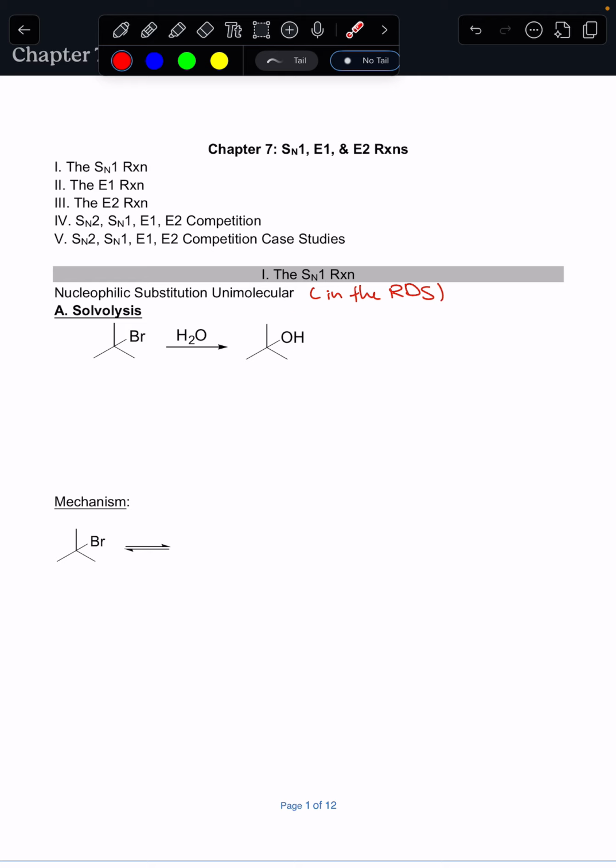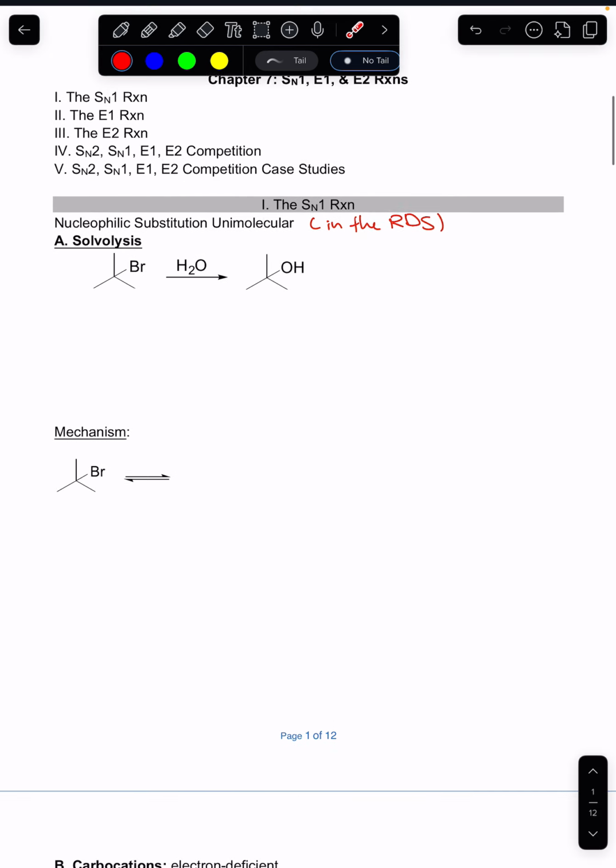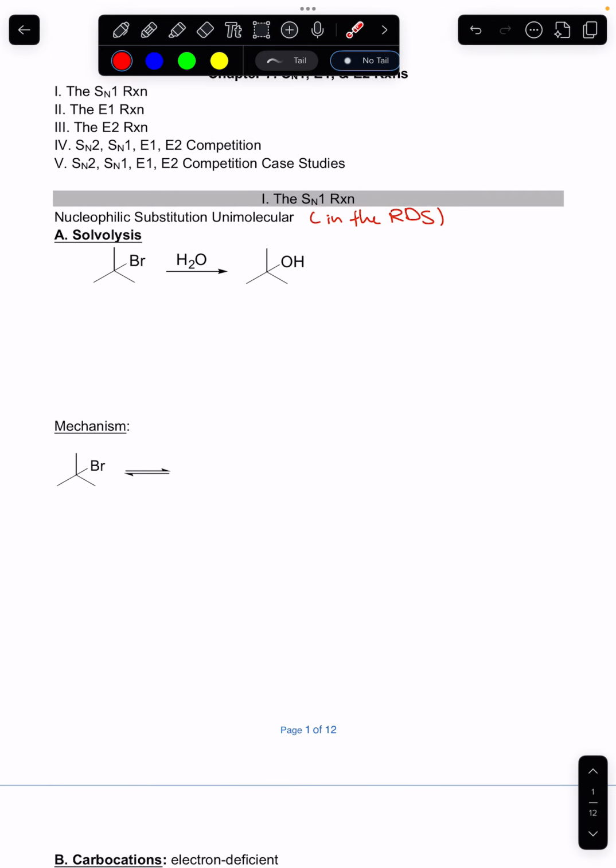So it seems as though the solvent molecule did the lysis, as in broke up the carbon leaving group bond and then inserted itself. Lysis means breakup, right? So it's often referred to as solvolysis, and that's something I definitely want you to be aware of.